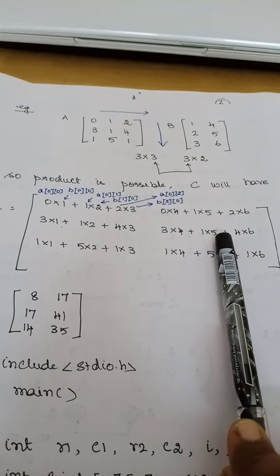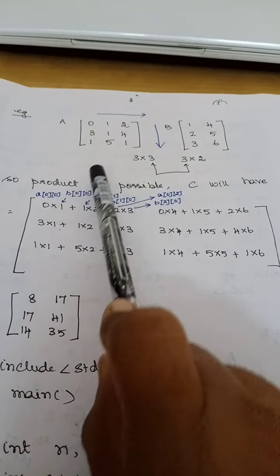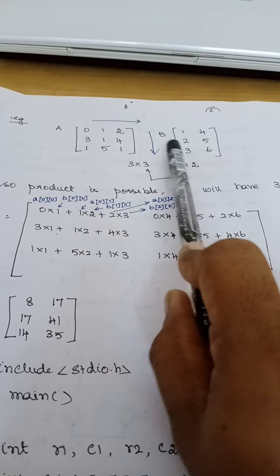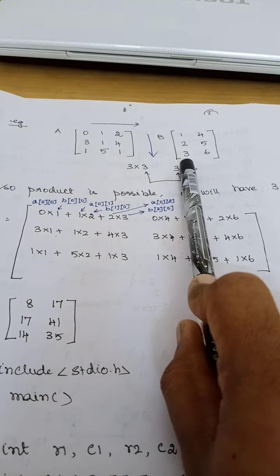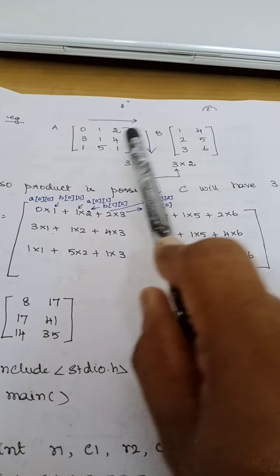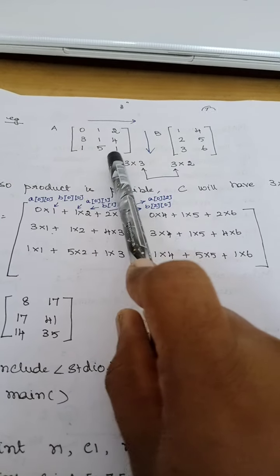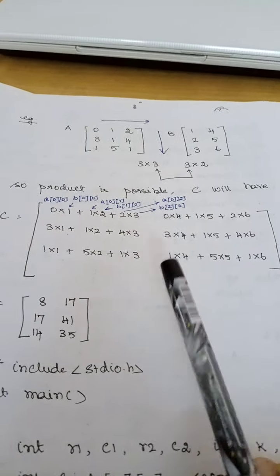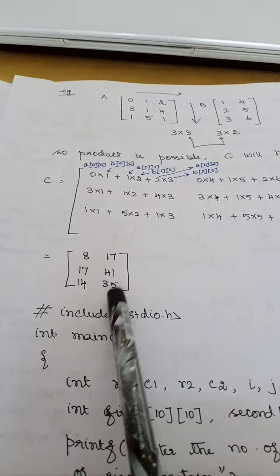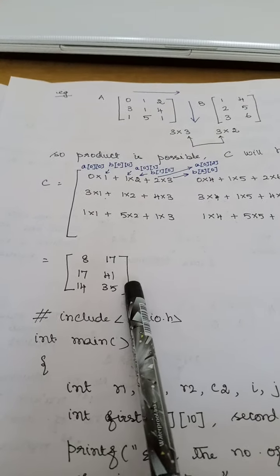That is what we have got here. So like this I am completing my last row. 1 into 1 plus 5 into 2 plus 1 into 3. Next column value 1 into 4 plus 5 into 5 plus 1 into 6. Right? So after adding all these things I have got my resultant like this. This is what we are going to do.